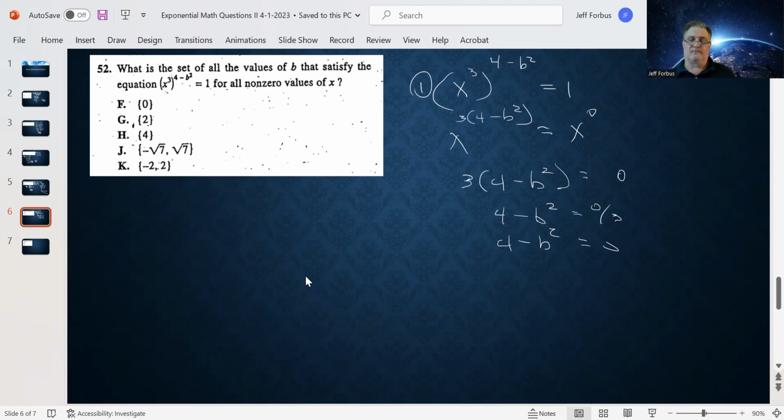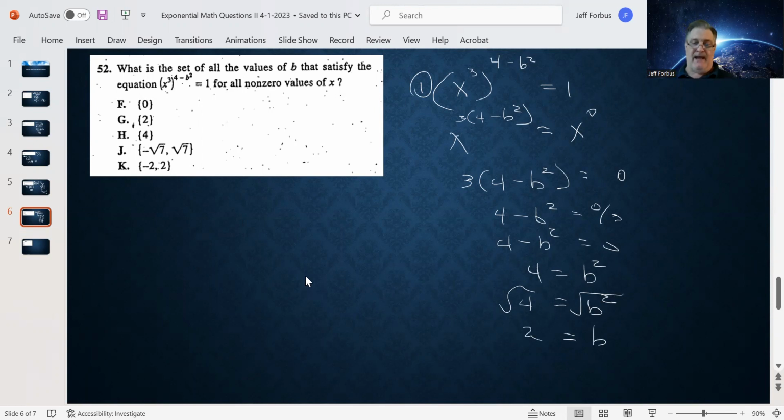Now, I'm going to move my b squared to the right side, and that's going to be 4 is equal to b squared. That's b squared, that's not b, so we need to take the square root of both sides. So that's going to leave us b, and that's going to leave us 2.